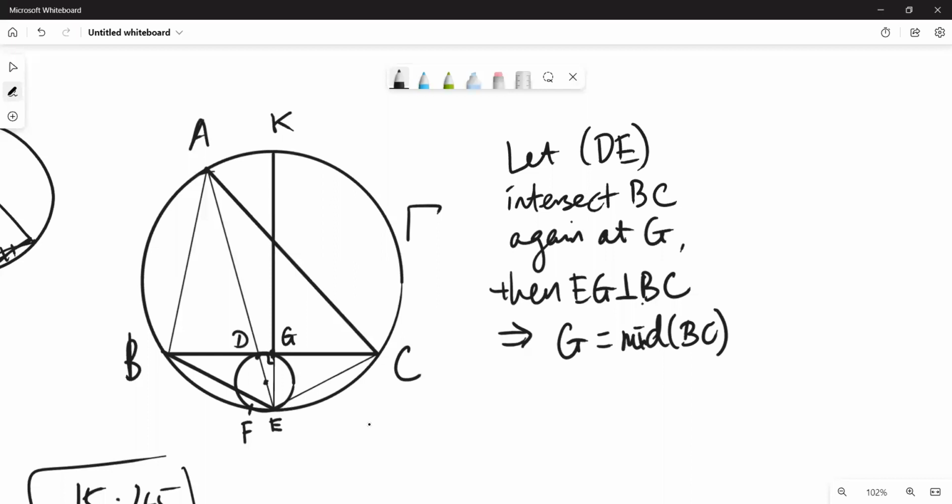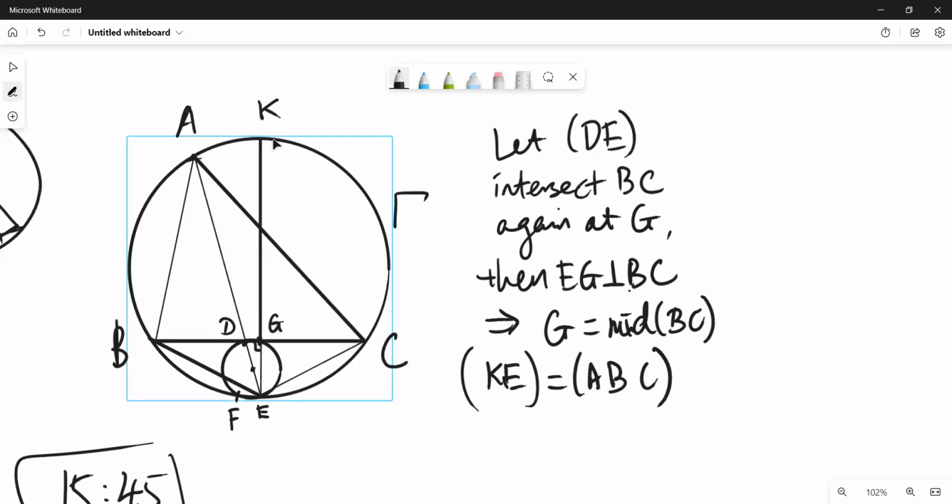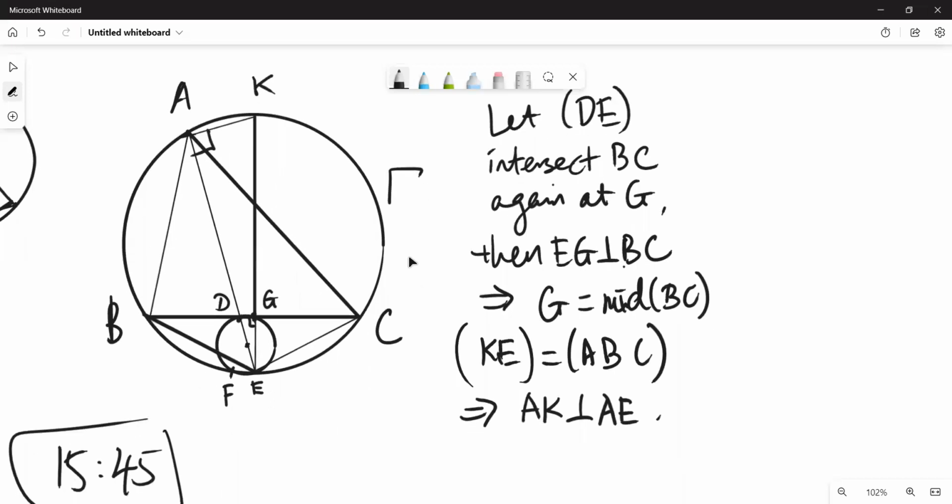Then KE is the diameter of ABC by symmetry, because it's the perpendicular bisector of BC. Therefore, AK is perpendicular to AE, right?